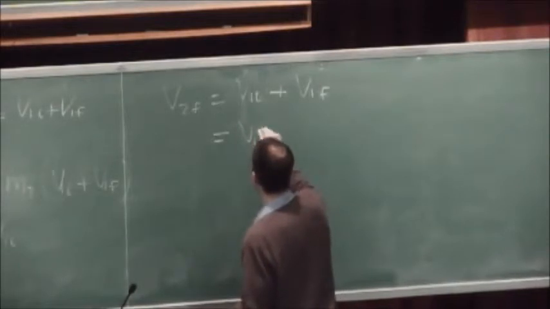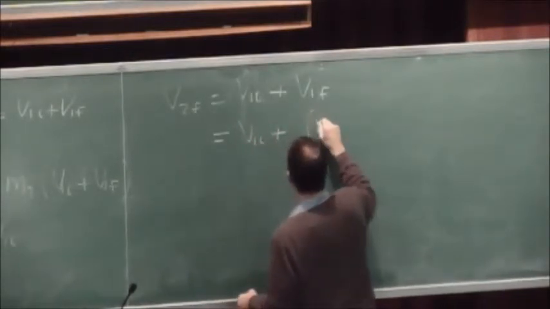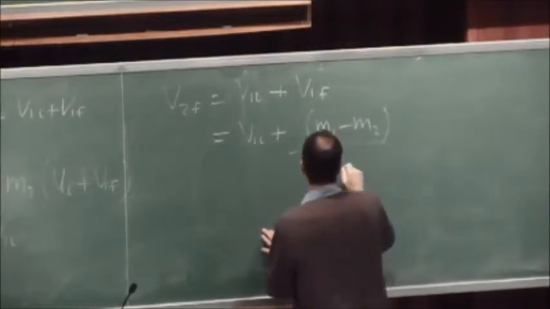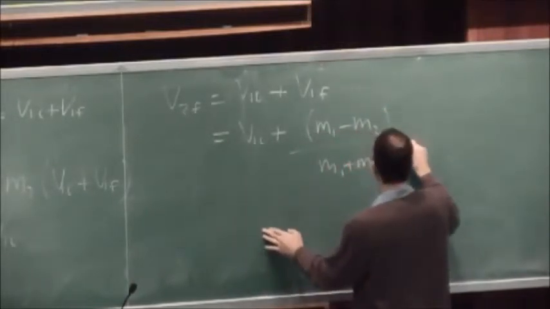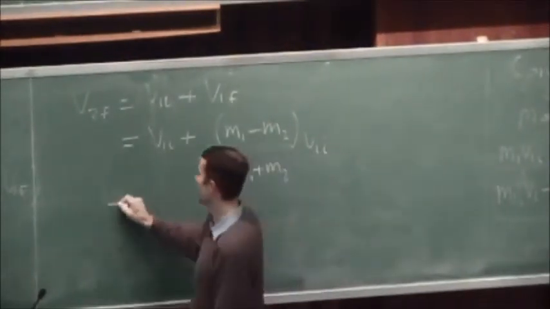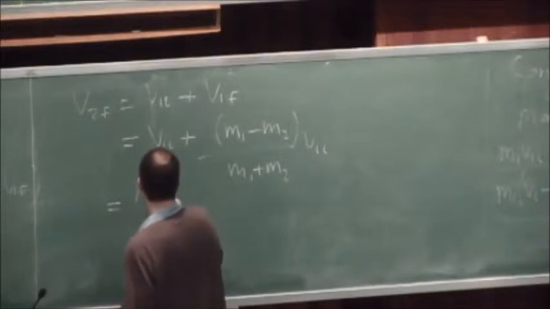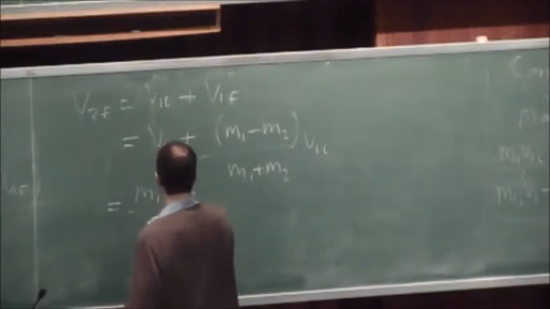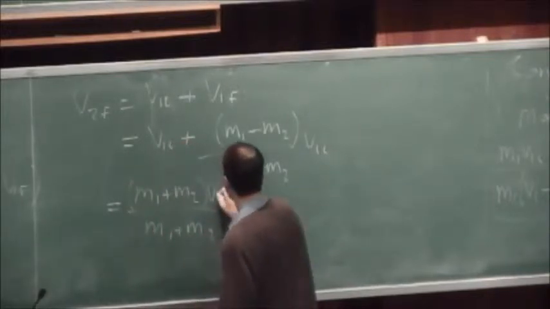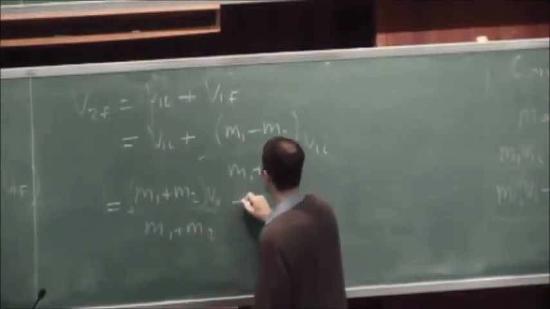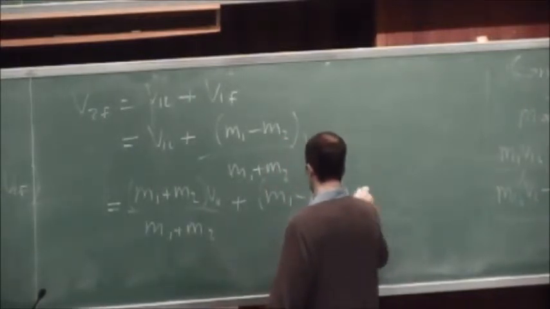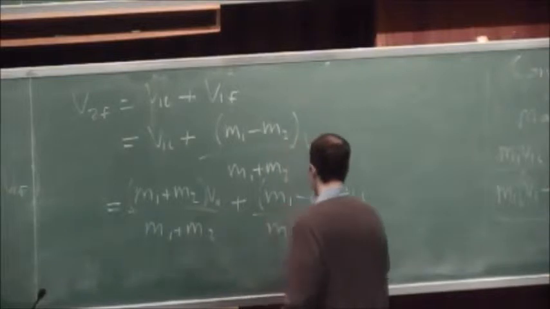So I get V1 initial plus M1 minus M2 all over M1 plus M2 times V1 initial. If I just get a common denominator here, I get M1 plus M2 all over M1 plus M2 times V1 initial, plus M1 minus M2 times V1 initial, all over M1 plus M2.